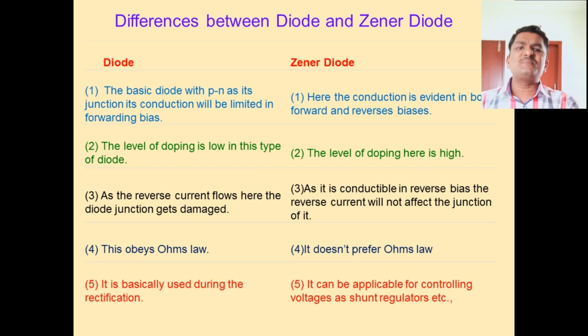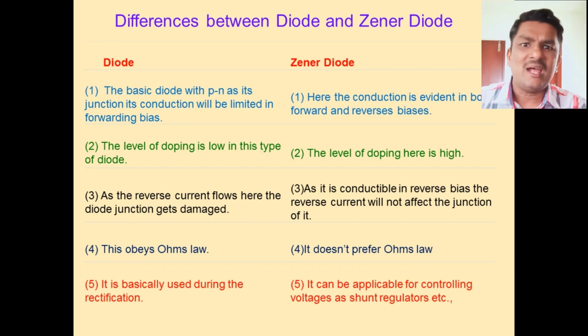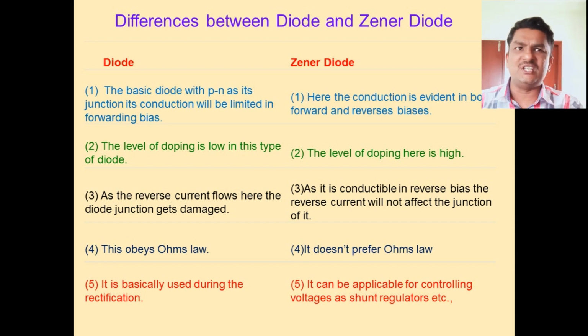Now, differences between an ordinary diode and a Zener diode. An ordinary diode obeys Ohm's law; a Zener diode does not. Actually, the level of doping is low in the case of an ordinary diode, and the level of doping is very high in the case of a Zener diode.